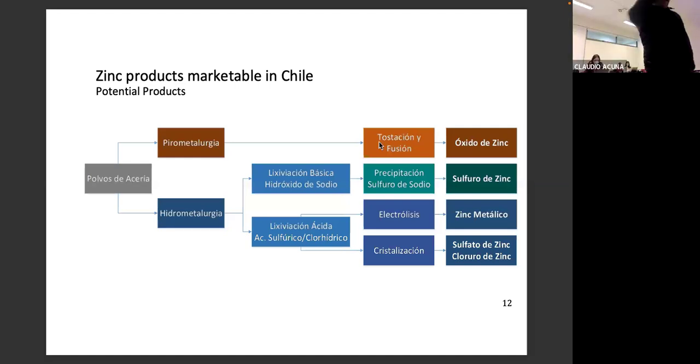So, in this example, I'm on page number 12 with the zinc extraction. Remember, this is a recycling plant, meaning it takes whatever iron-based material, like cars, refrigerators, whatever contains iron, and first it's molten with an electrical arc.